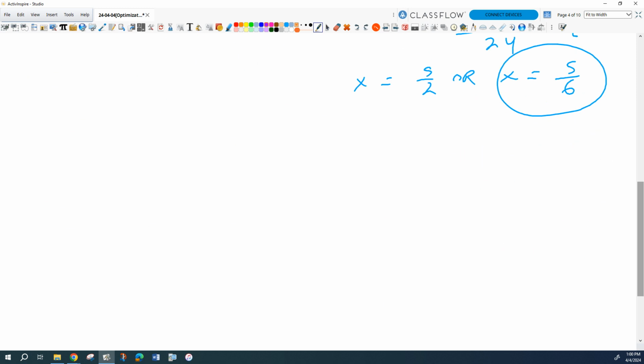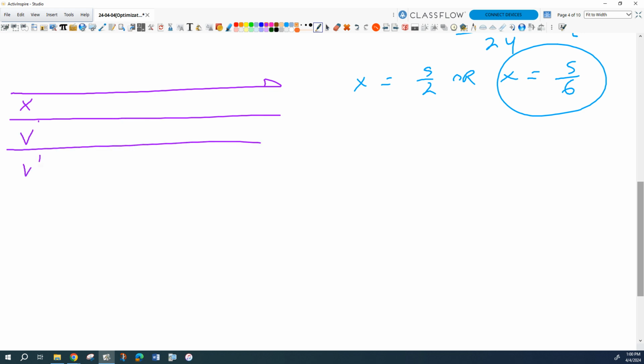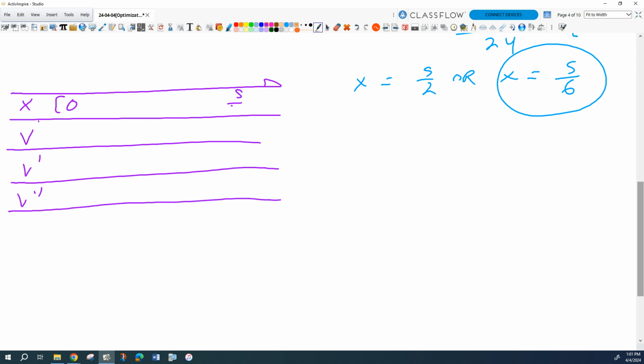If I make my table, on our domain from 0 to s over 2, we get one interior critical number at s over 6, which is a 0 of the first derivative, get a negative second derivative, so that's a maximum.